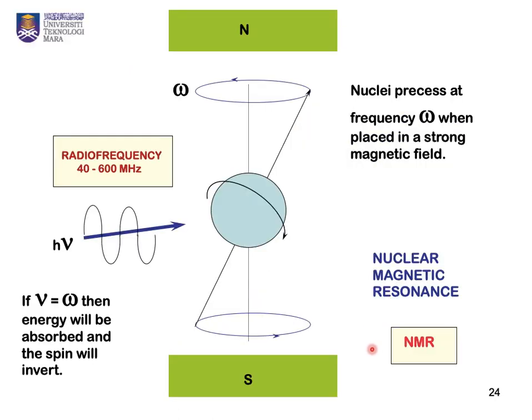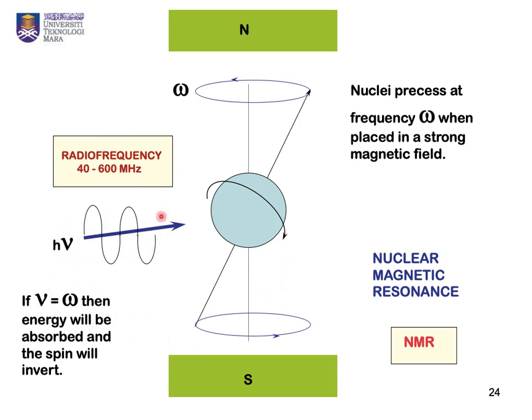After placing the nuclei into the strong magnetic field, we apply radio frequency to the system. This is a frequency from 40 to 600 megahertz, within the radio frequency region.